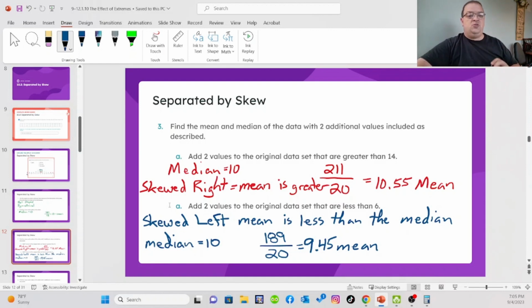But this also shows why we use mean only when we have symmetrical data. Because if I have skewed data, it's going to move that mean, and it's no longer going to give me an accurate representation of where the center of my data is.